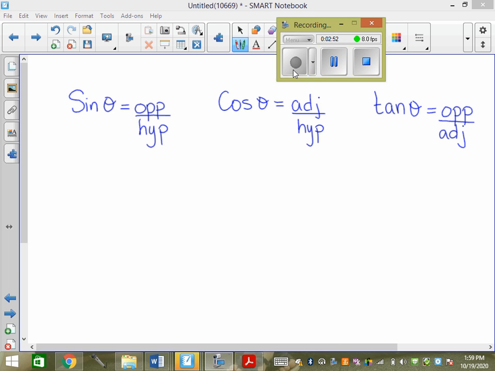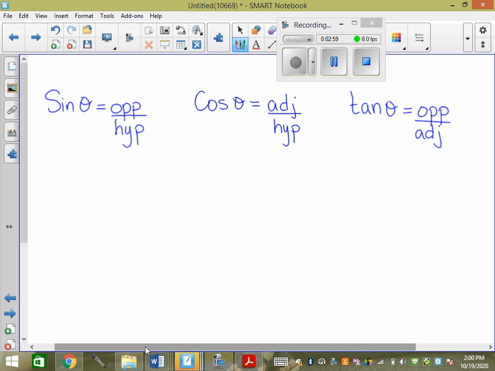I'm just going to give you a little show on here. You're not going to write this down. I'll tell you. So on here, whenever we have opposites, because we're going to be doing unit circle angles, let's say it's like this. Your opposite of the angle, because it's the central angle always, your opposite is always your y. Your adjacent is always your x. And your hypotenuse is always your radius.